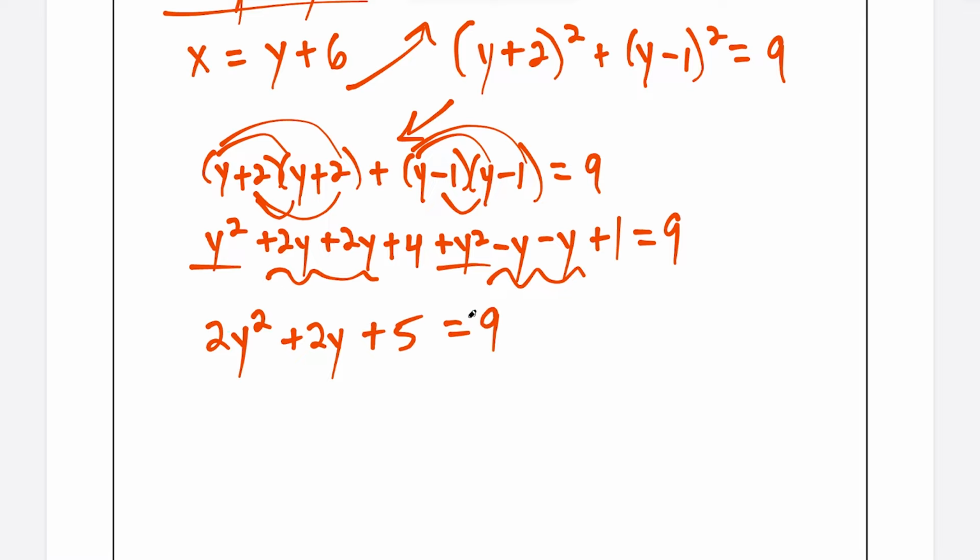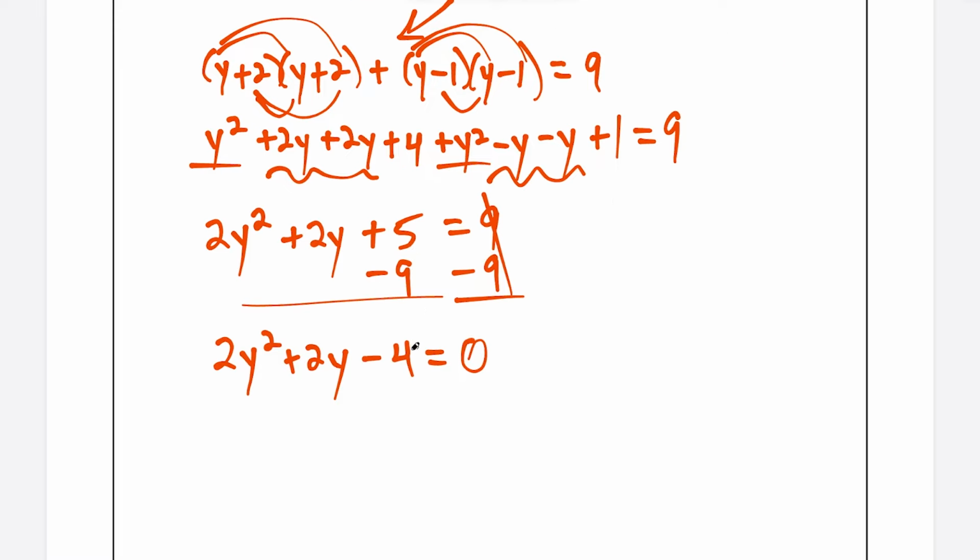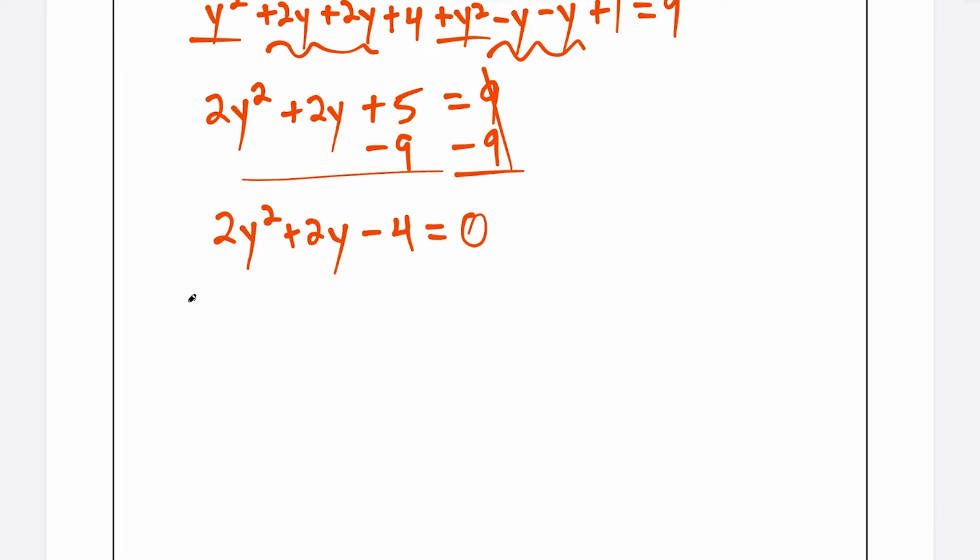From here, we can subtract 9 on both sides. At this step, 9 minus 9 cancels. We have 2y squared plus 2y, and then 5 minus 9 is minus 4, and this is equal to 0. So from here, we're going to factor this quadratic. I can take out a 2 first, and we'll have y squared plus y minus 2 equals 0.